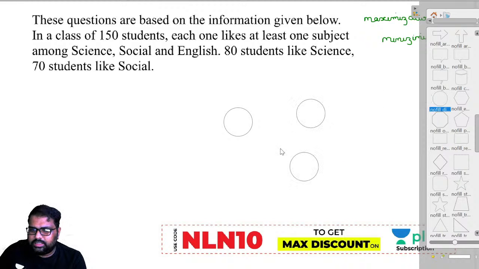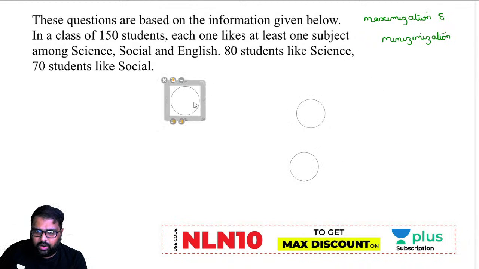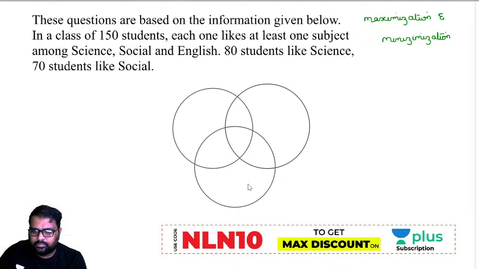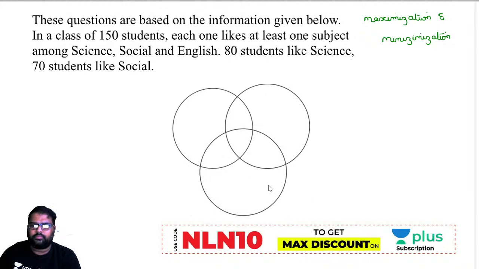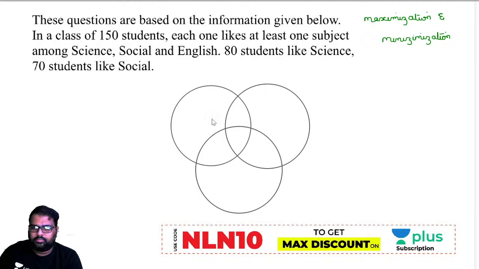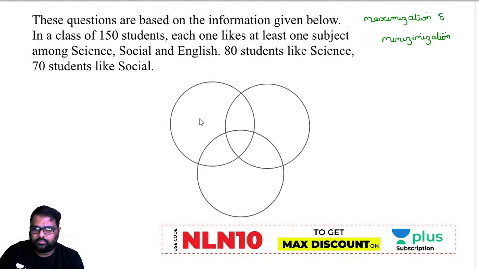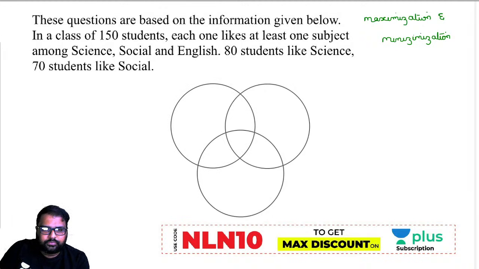Now this is a 3 variable Venn diagram. I'll draw the things first, then I'll give you a better explanation. Now look here, these questions are based on the information given below: in a class of 150 students.